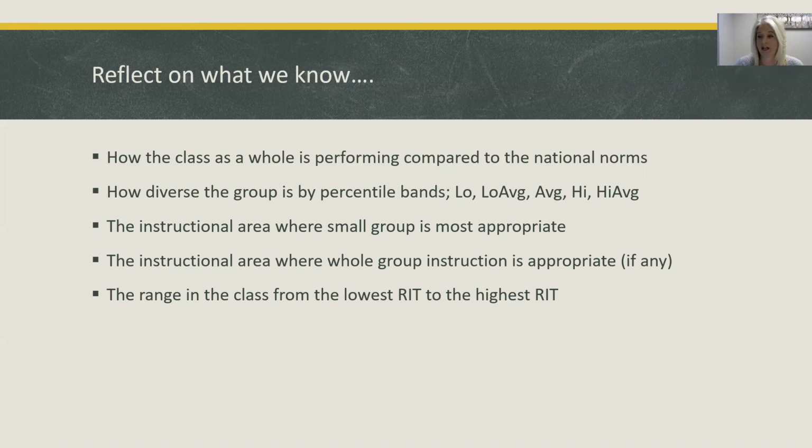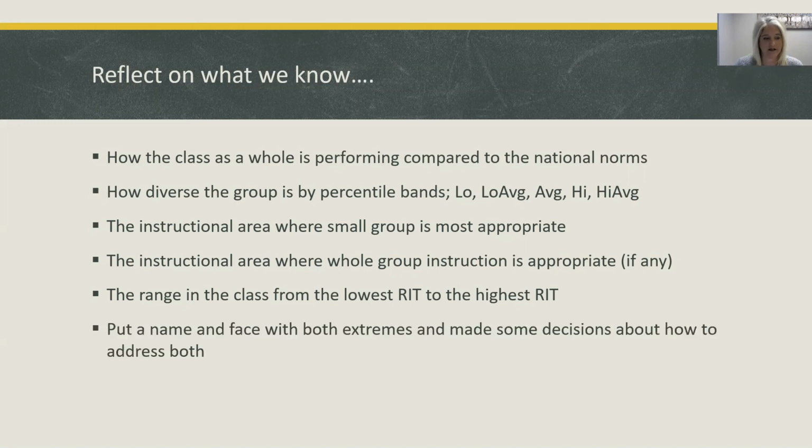So I know the range of abilities in the class. I'm going to put a name and a face with both extremes, and I'm going to make some decisions about how to address both. There's something about just knowing that this is this child and this is where this child is, and I need to go help this child where they're ready and pull them to where they are. Or I need to help this child grow. I need to help push that child further.